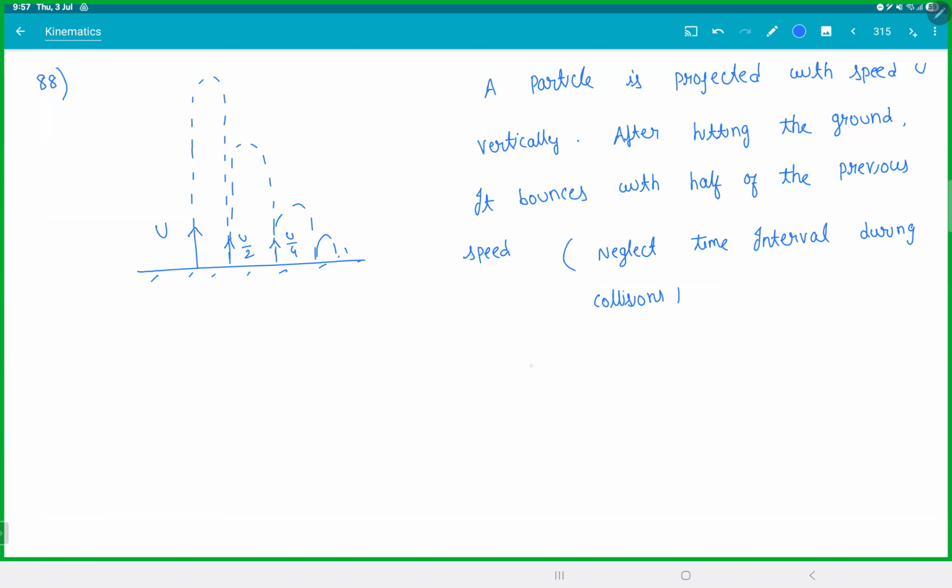Plot acceleration time graph, velocity time graph, displacement time graph, distance time graph, VT graph, velocity position graph, position time graph, displacement basically.